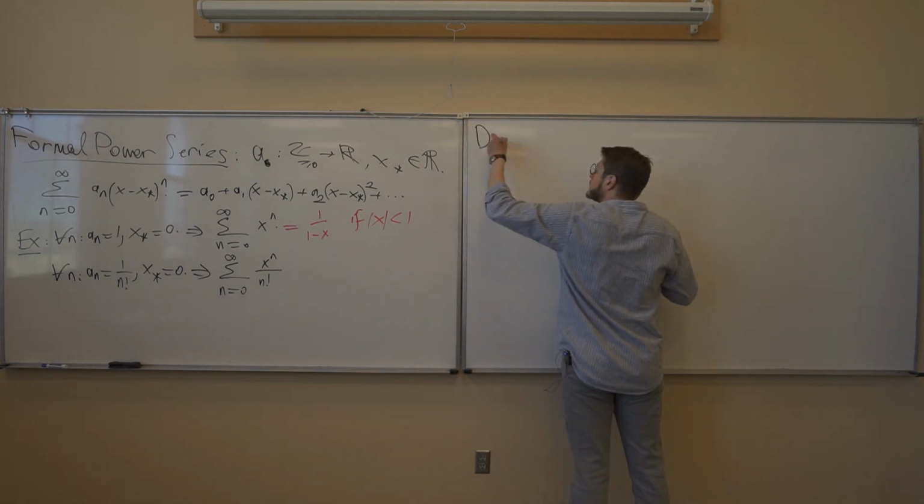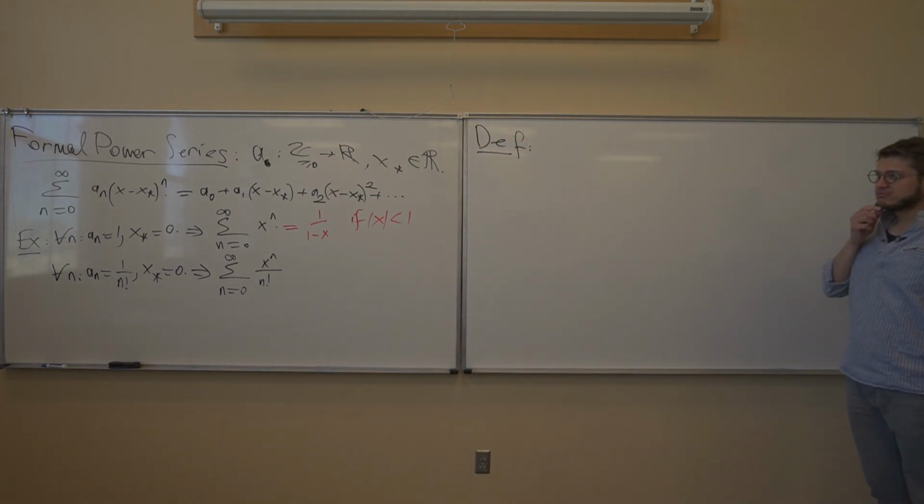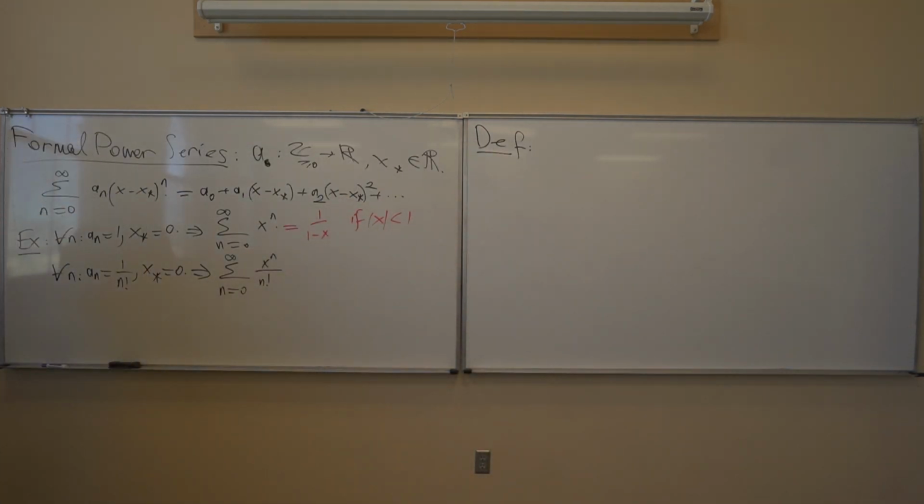So this is an important definition. Even though, of course, our functions here we're taking x to be a real number, more generally speaking, power series can be considered on the complex domain or even on more general spaces.